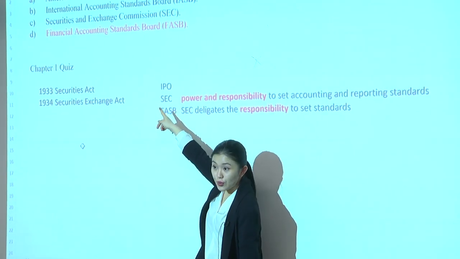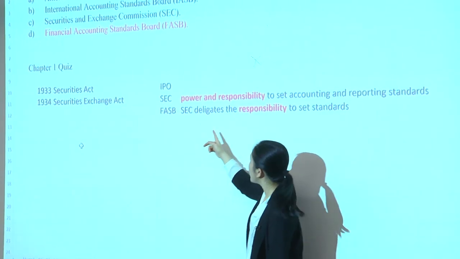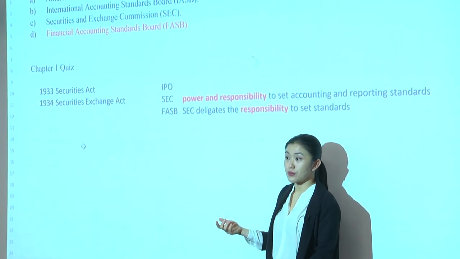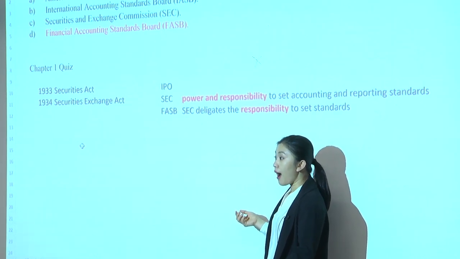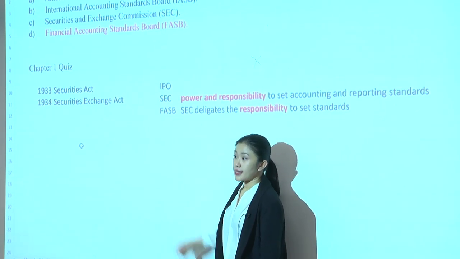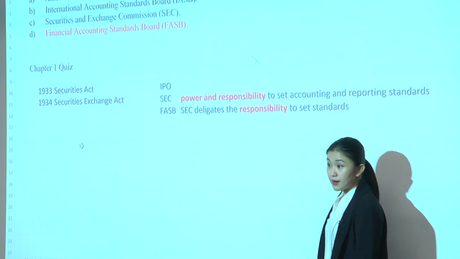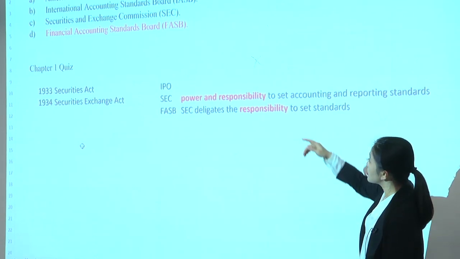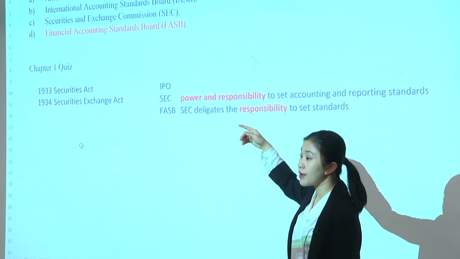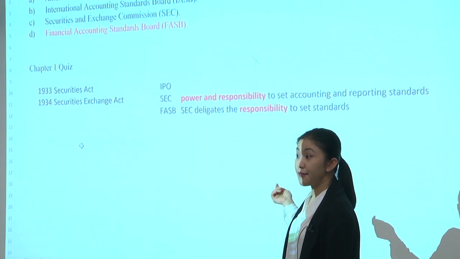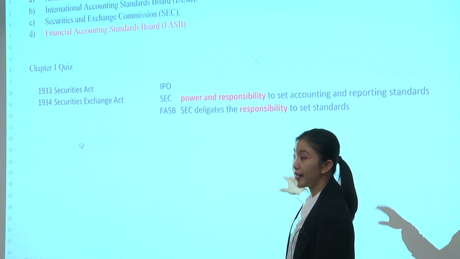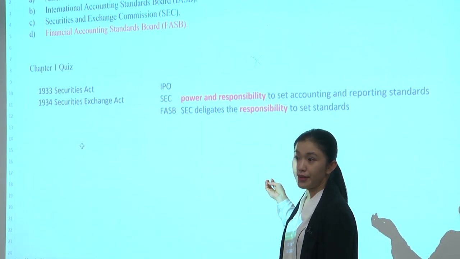So our choice is D. FASB only has the responsibility to issue the rules and make sure these rules are up to date, but the power still goes to the SEC. So if you see a question that asks who has the primary power, then it will be the SEC. Responsibilities, that's FASB. So these two are the main institutions you have to remember.